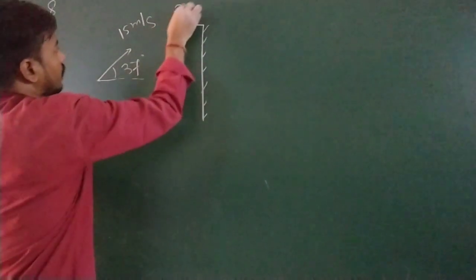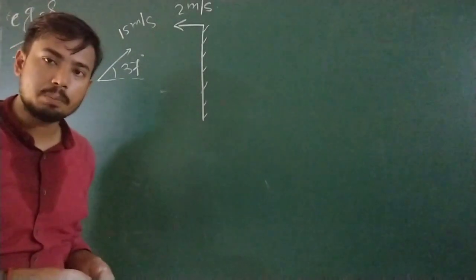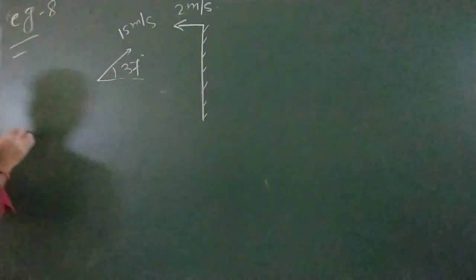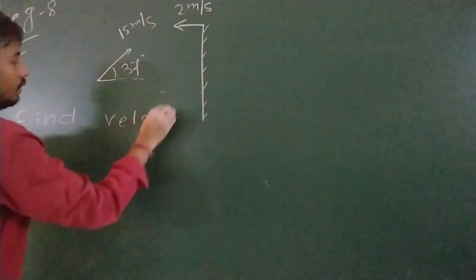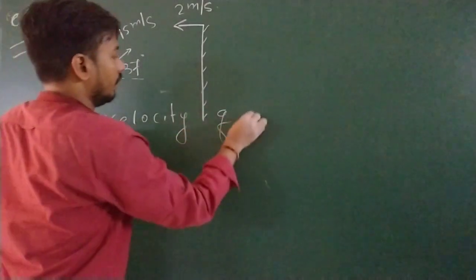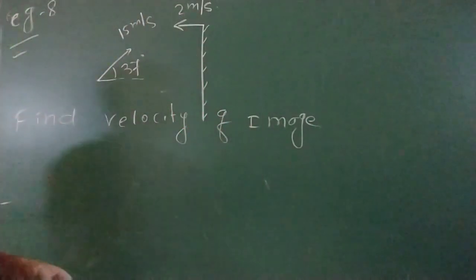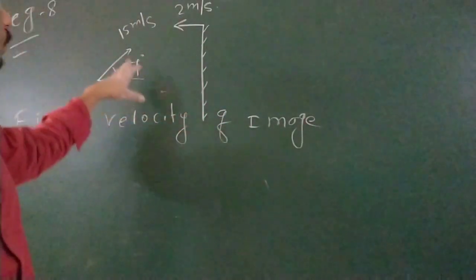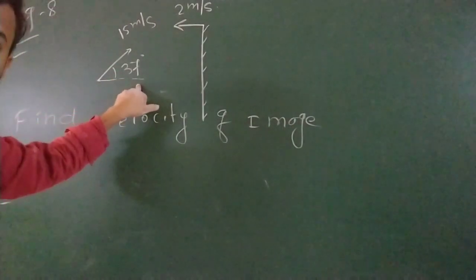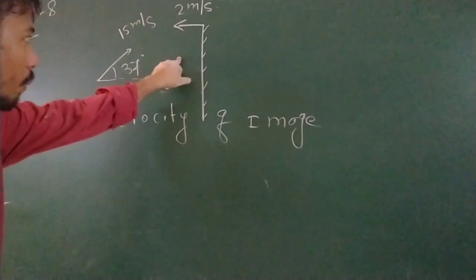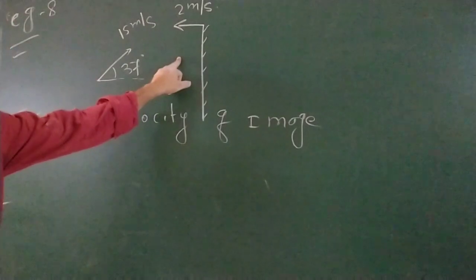And the mirror is moving with a speed of 2 meter per second. Find the velocity of image. Object is moving with 15 meter per second at an angle of 37 degree. Mirror is moving with a speed of 2 meter per second. You have to calculate the speed of image.